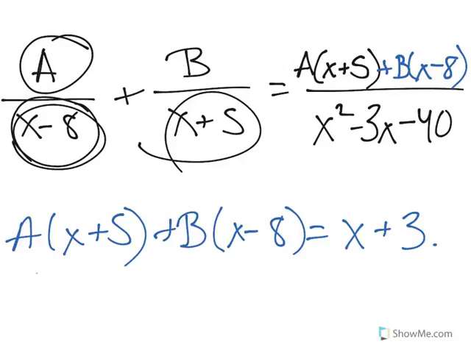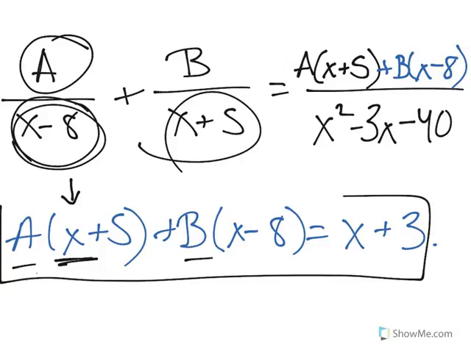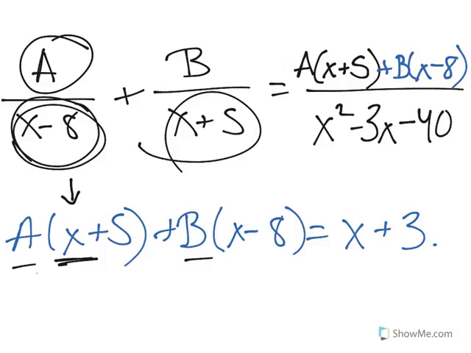So what we can do is plug in different x values to get rid of that variable and then solve for a or b. However, we only have here one equation, and if we get rid of x, we still have two variables.